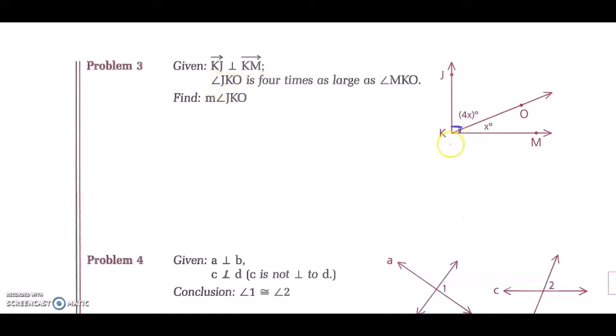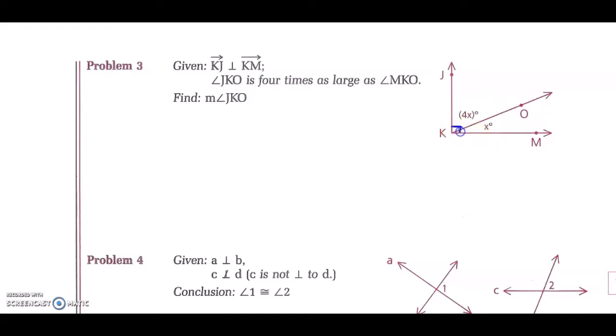Angle JKO is 4 times as large as MKO. Whatever is mentioned second in your algebra problem, that's X. And then the other object is written in terms of X. So now we have our diagram and our key.